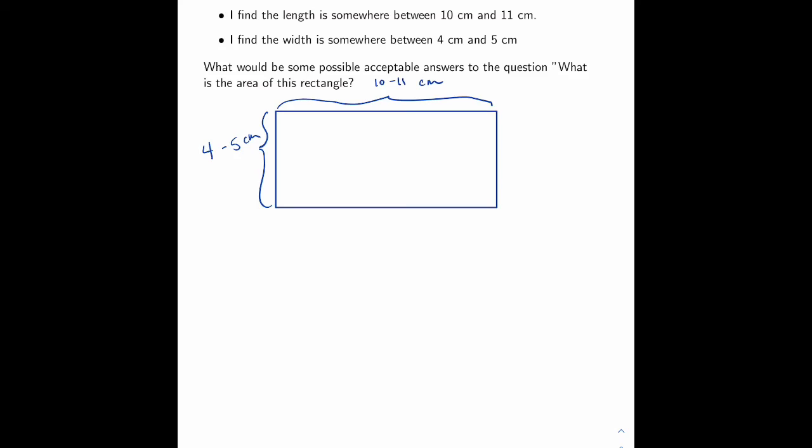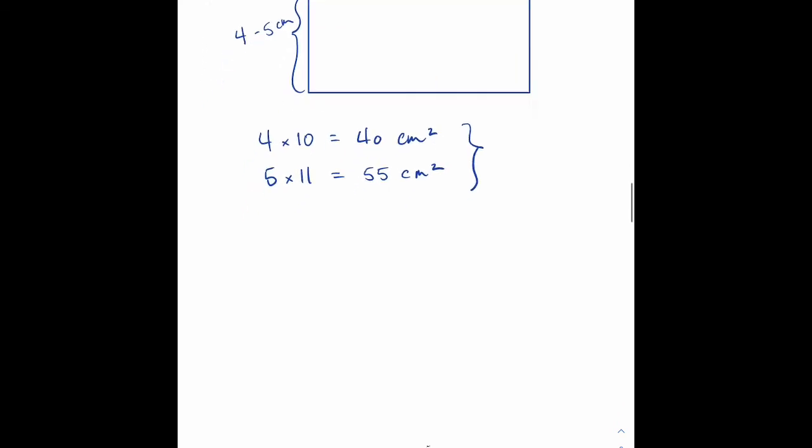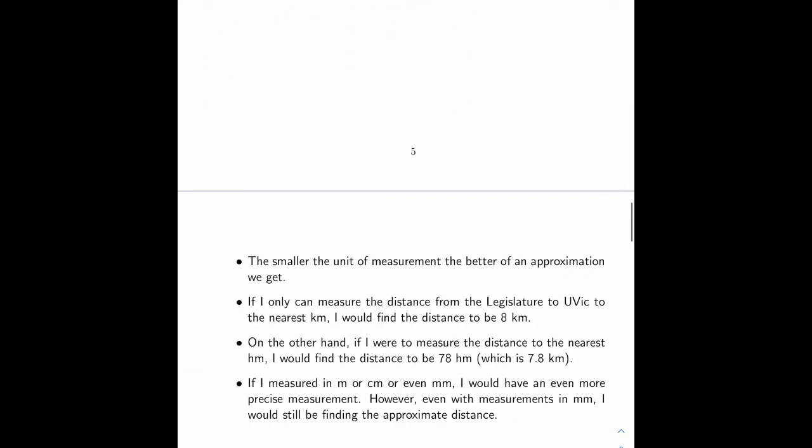Well, a reasonable estimate for the size of this rectangle could be anywhere from the very smallest possible measurements, in other words, 4 by 10 or 40 square centimeters, up to the largest possible measurements, which would be 5 by 11 or 55 square centimeters. So a fairly big range here, but really anything between 40 and 55 square centimeters is a reasonable estimate for the area of the rectangle.